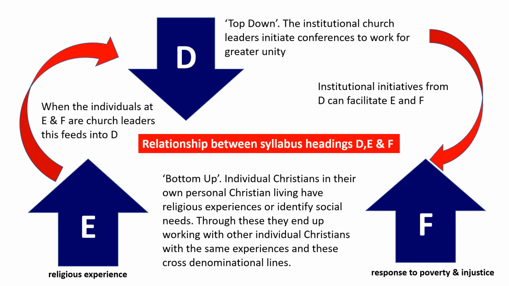And so it's this feedback cycle, the interrelation between these, and of course it's also to do with what is going on in the world at the time, both at world level and right down to what's going on in local communities.